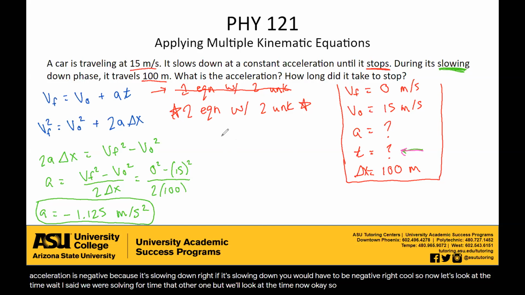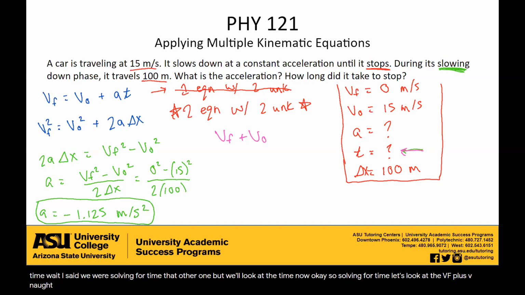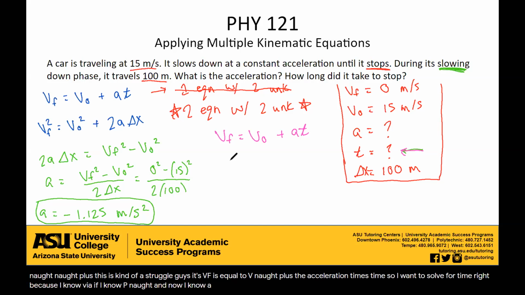Solving for time, let's look at vf equals v naught plus the acceleration times time. I want to solve for time, because I know vf, I know v naught, and now I know a. So time would equal vf minus v naught, all over a.